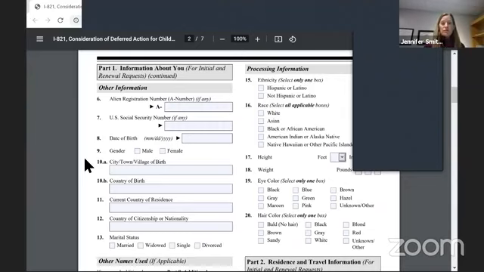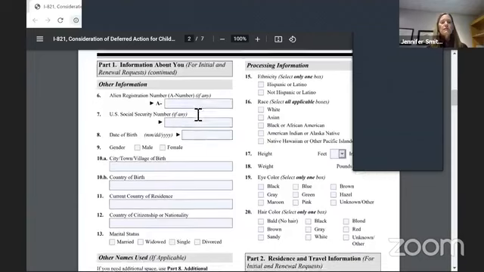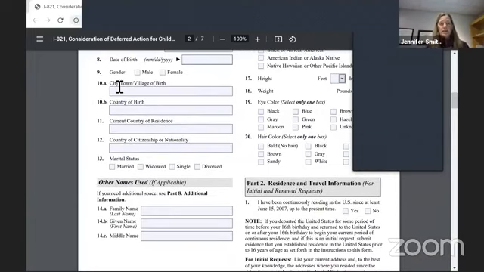So for most people, if this is your first time applying for DACA, you will not have a number to put here, and it should be blank. Or if you don't feel comfortable leaving something blank, what we recommend is that you put N/A. Not applicable is what that means.